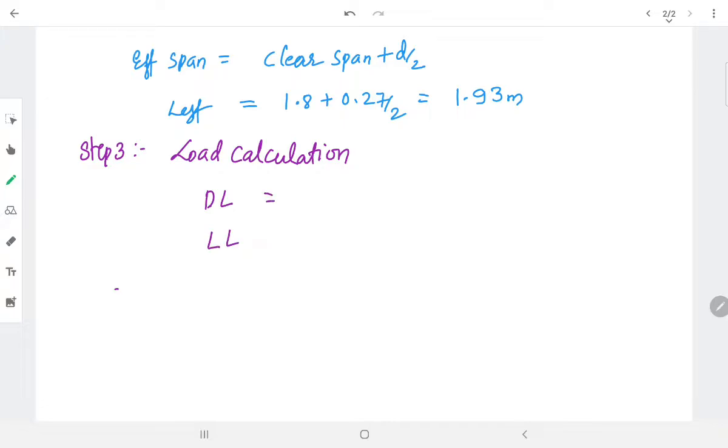Dead load is equal to B into overall depth into density of concrete. B is 230 mm, so 0.23 into overall depth 0.3 into density of concrete, which is 25.